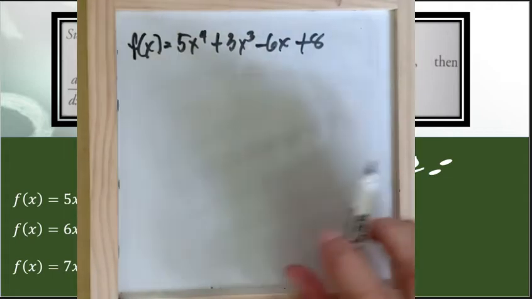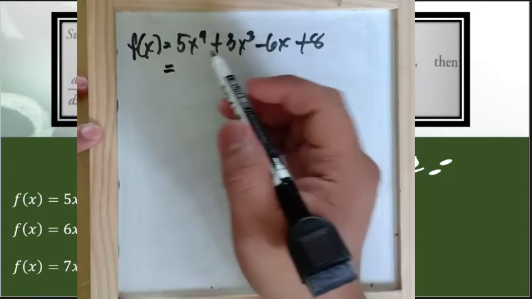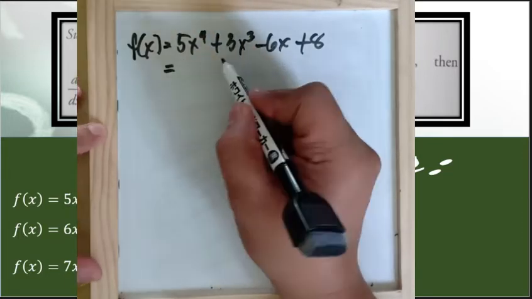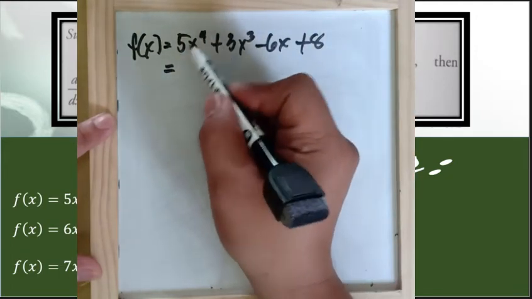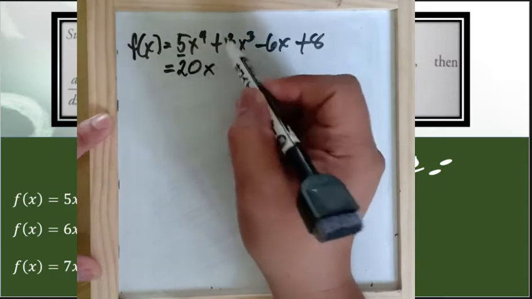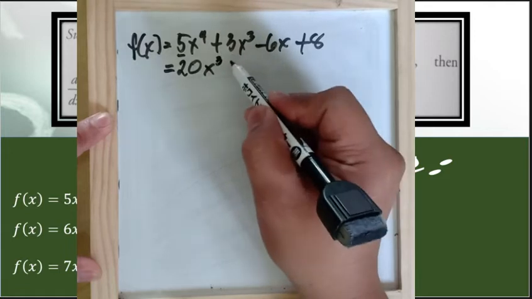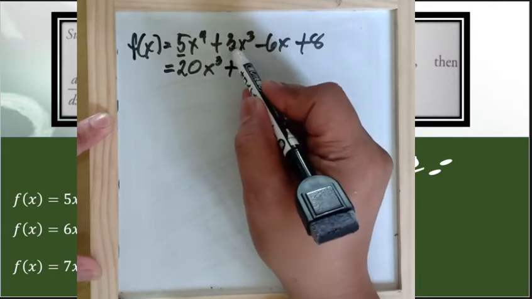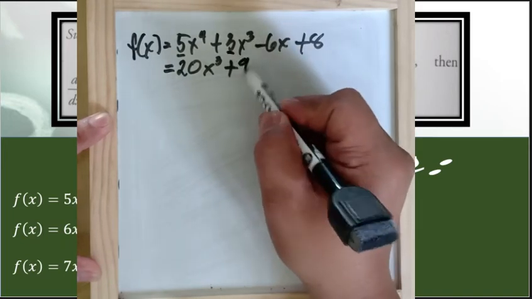Okay, combining the different rules presented before, your f of x, 5x to the 4th plus 3x cubed minus 6x plus 8, just multiply this exponent to the numerical coefficient 5, and that would be 20. Always subtract 1 from the exponent, so that would be 3, or cube. Copy your plus sign. 3 times 3, multiply the exponent to the numerical coefficient 3, and that's 9.